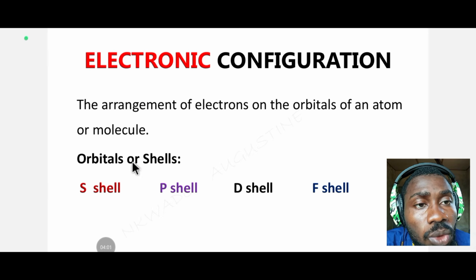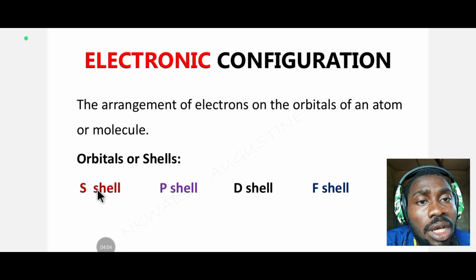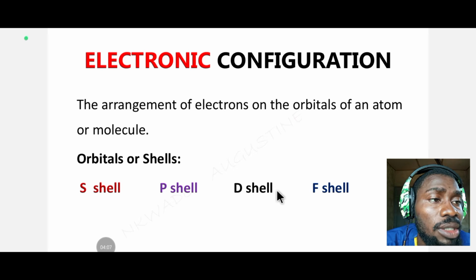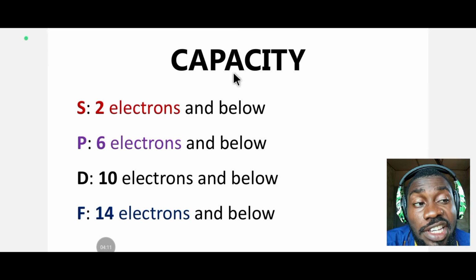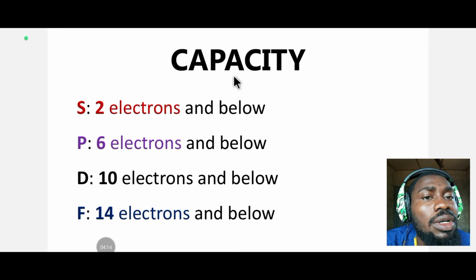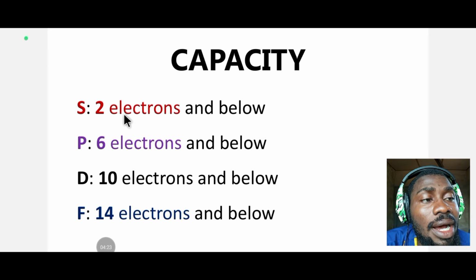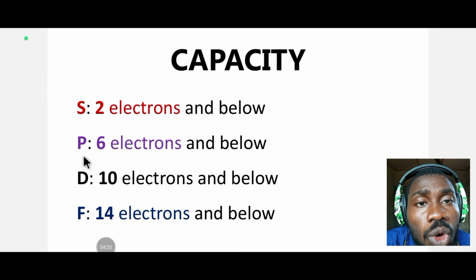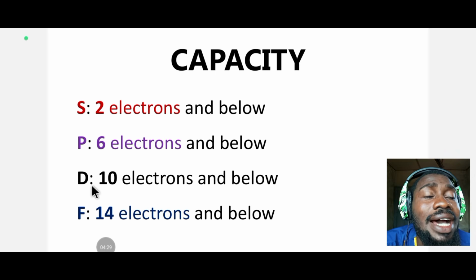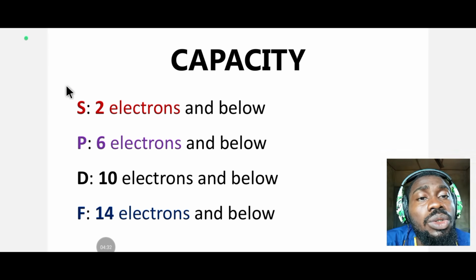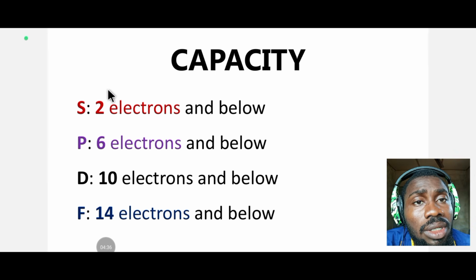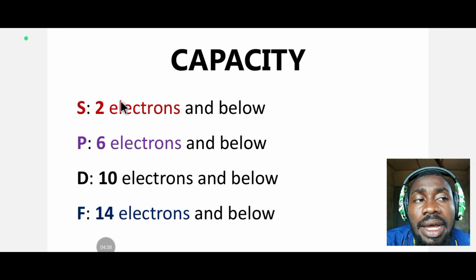Take note of the color codings of each shell. Moving on, the capacity of each shell. For you to find the electronic configuration of an atom or an element, you need to know the maximum number of electrons each of these orbitals or shells can accommodate. The s shell can accommodate a maximum of 2 electrons.